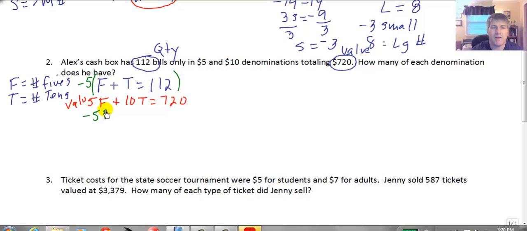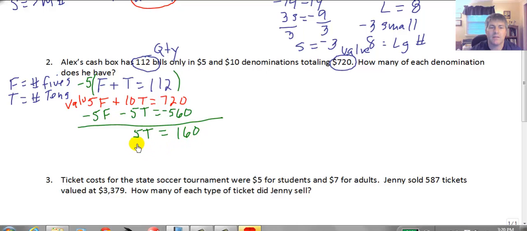So I get -5f minus 5t equals -$560. I add my systems of equations here, and my 5f's drop out, 5t equals 160. Divide both sides by 5, and I get t equals 32.